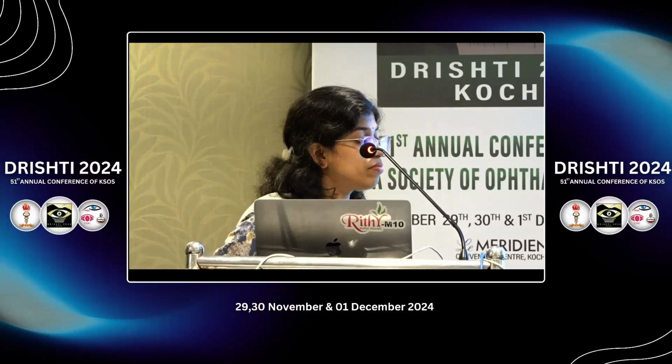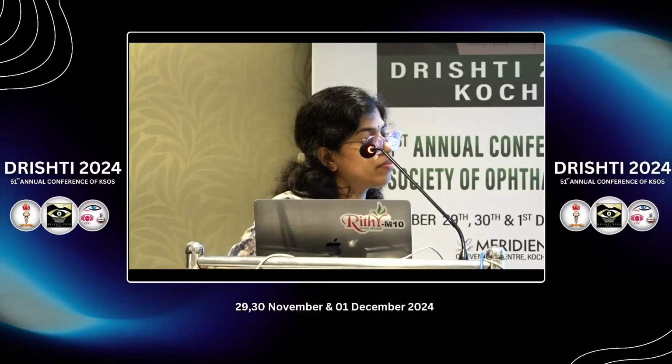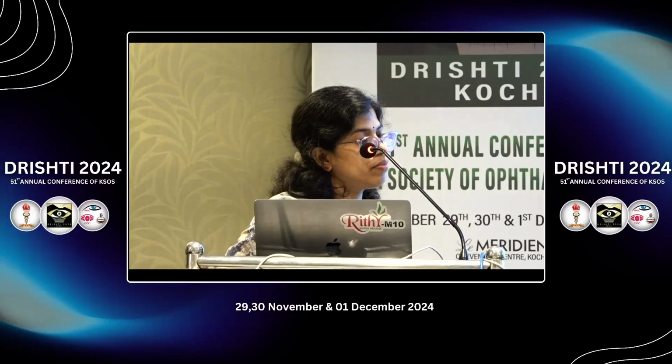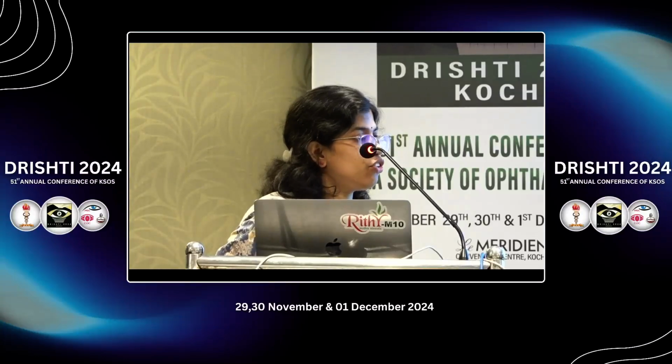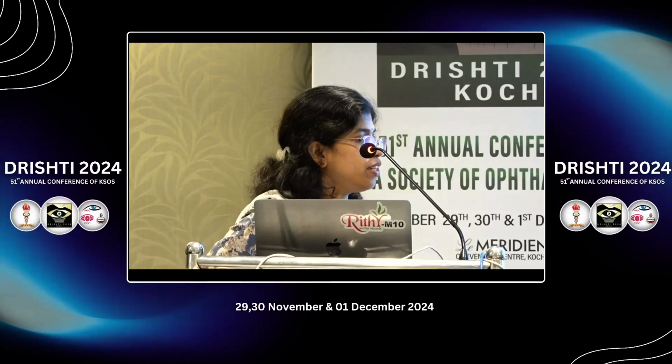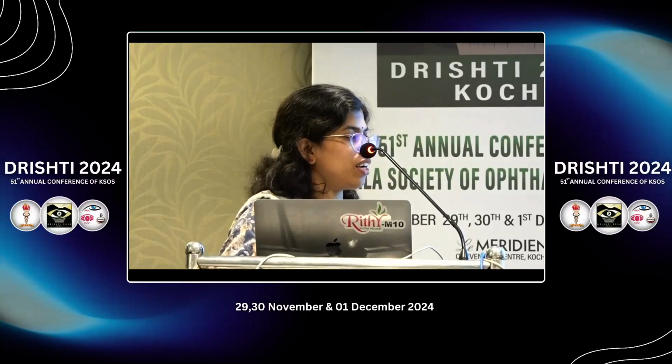Did you find any correlation with the visual acuity to consecutive exotropia? What was the mean visual acuity in patients who had it? Visual acuity as such, I didn't check, ma'am. The amblyopia factors I checked, 62% were amblyopes. How will you say amblyope without checking the visual acuity? Visual acuity we recorded, but did not take into consideration.